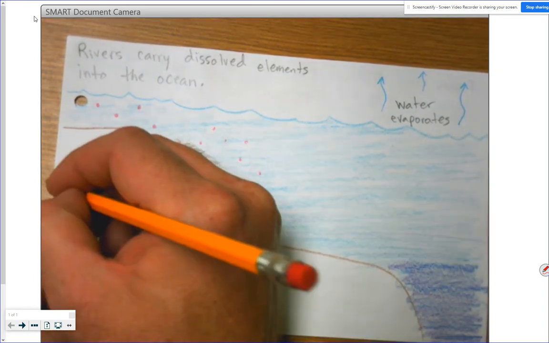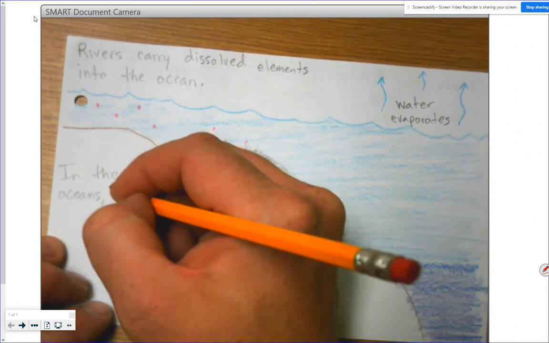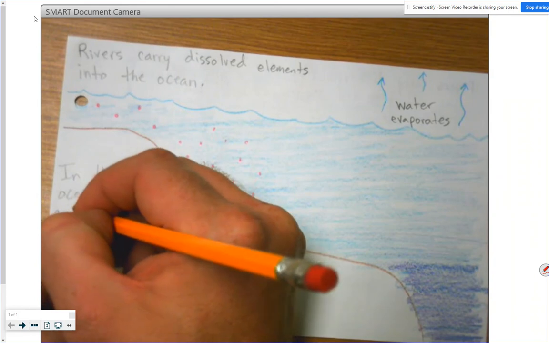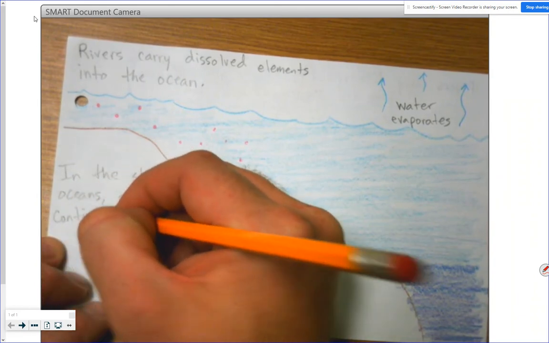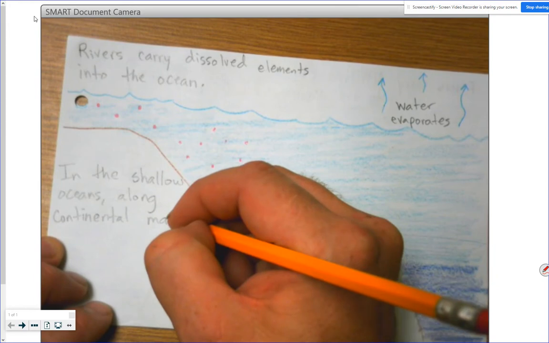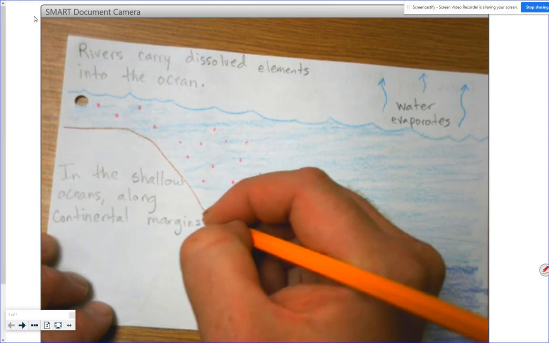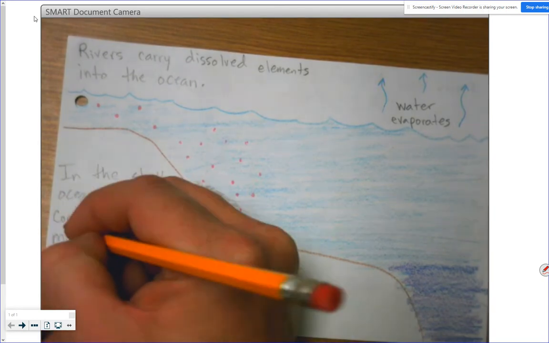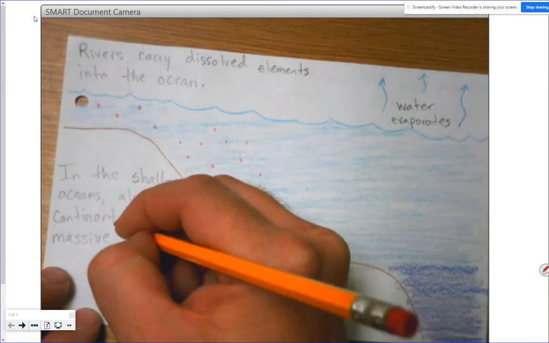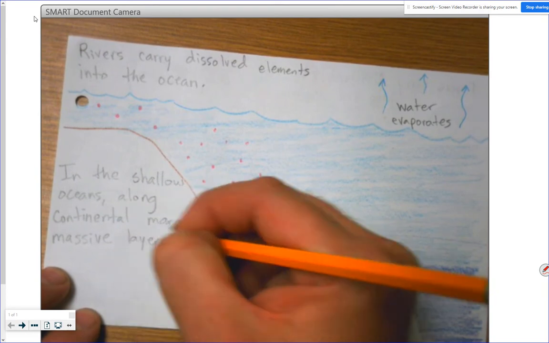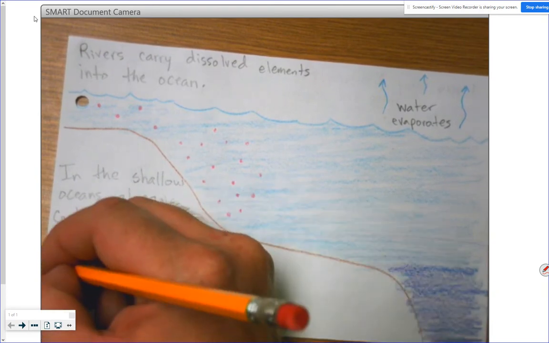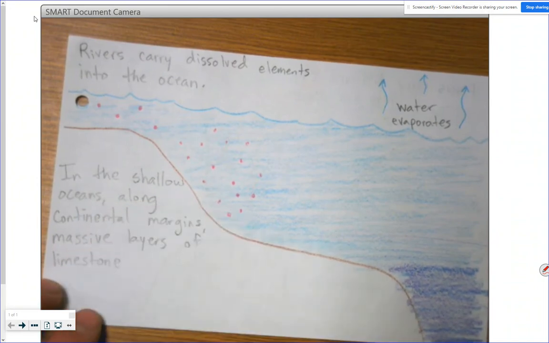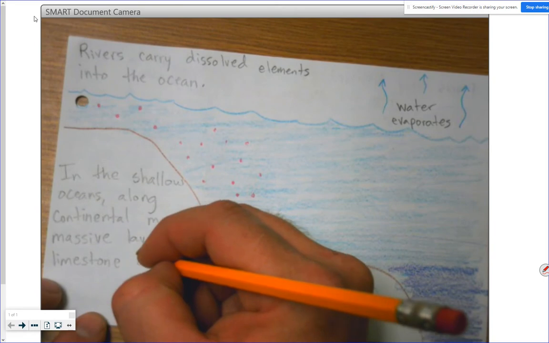In the shallow oceans, along continental margins, massive layers of limestone are built from dissolved minerals.